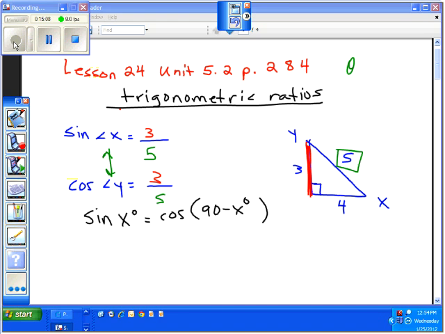The sine of the one acute angle is equal to the cosine of the other one, and the two of them have to add up to 90. So to get one of them, you take 90 minus the other one.